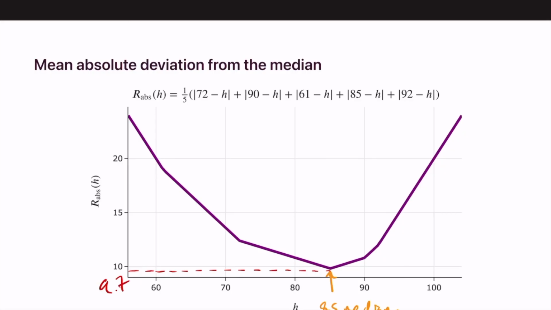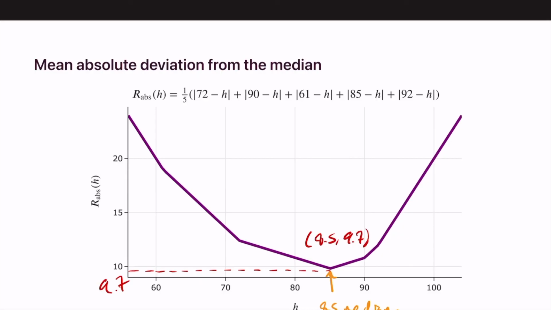So this is now 8.5, 9.7. So at best, if we use the median, and that's what we get as our H star, then the spread for this loss function is going to be 9.7.